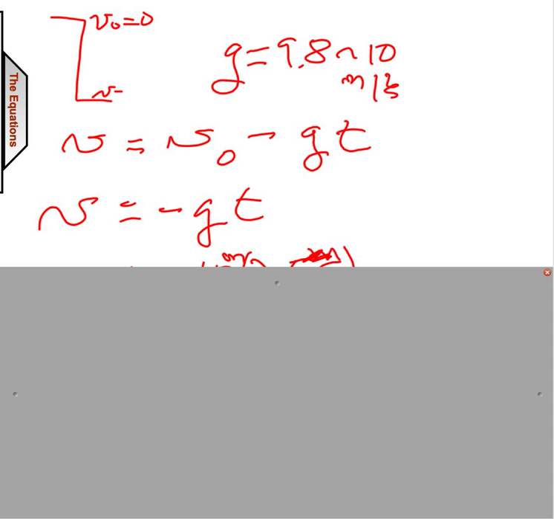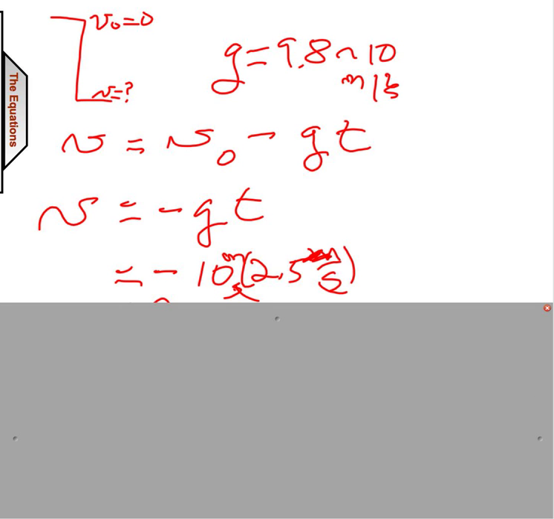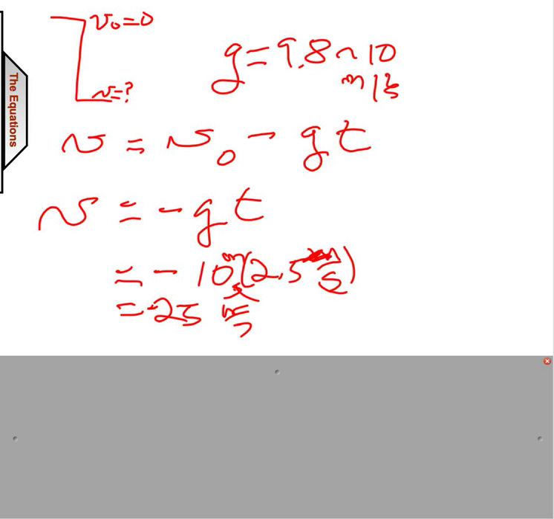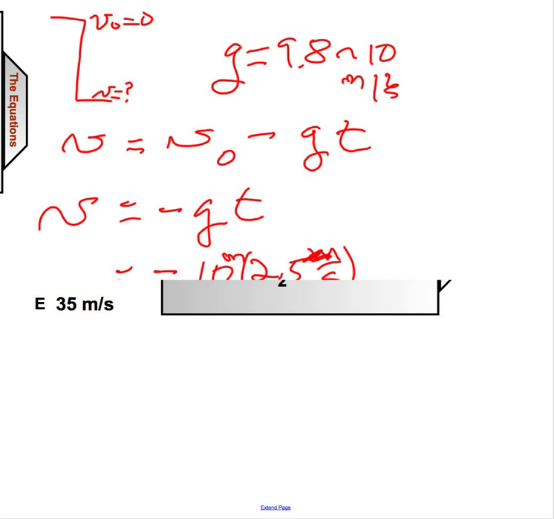So the velocity there is equal to v naught minus gt. v naught is 0, so it's just going to equal minus gt. Given the time is 2.5 seconds, so it'll be 25 meters per second, 2.5 times 10. So the answer is going to be over here, 25 meters per second.